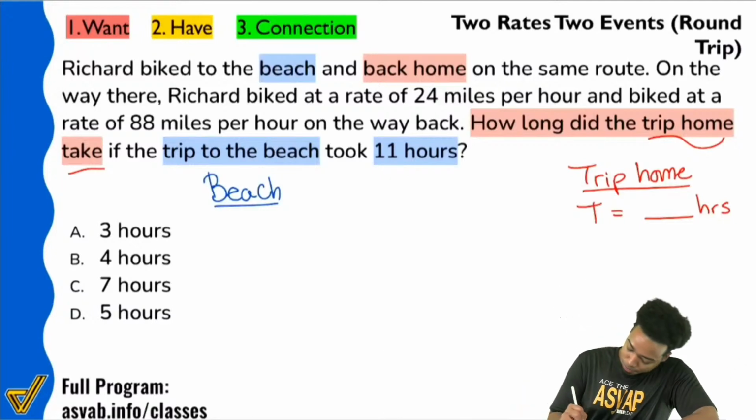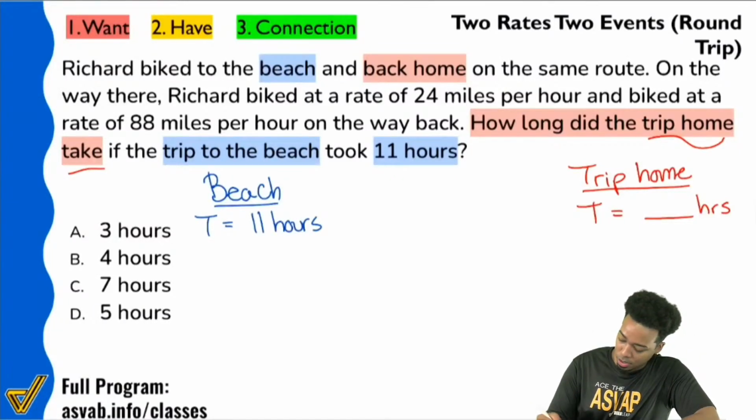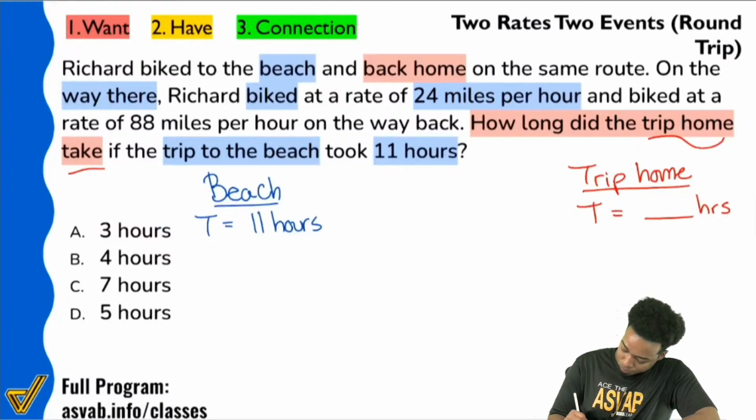So here, time to the beach, 11 hours. And if we keep going, on the way to the beach, he biked at a rate of 24 miles per hour. So on the way there, rate was 24 miles per hour.